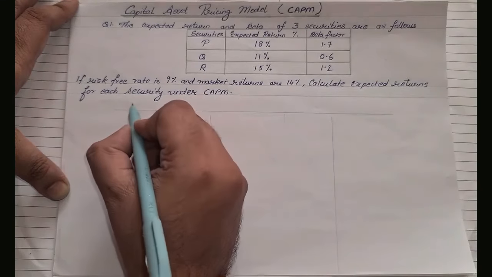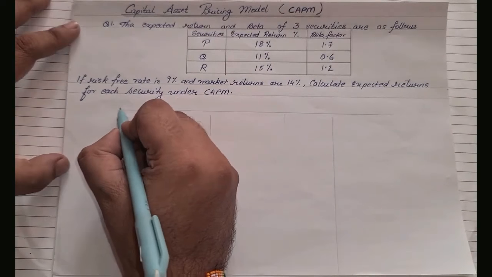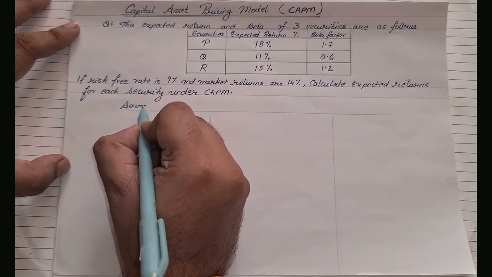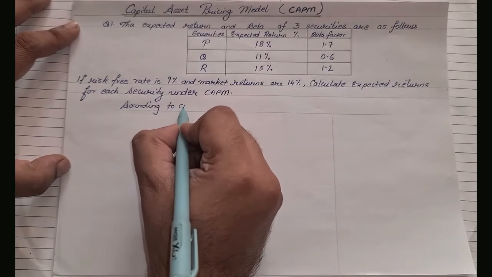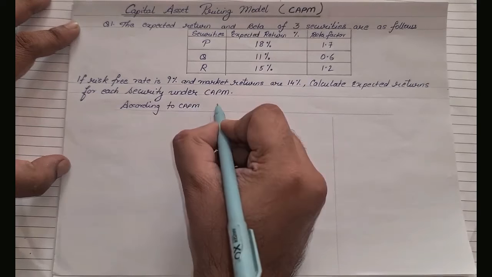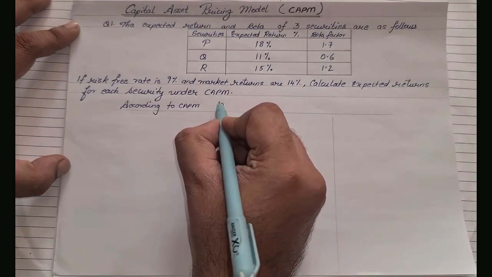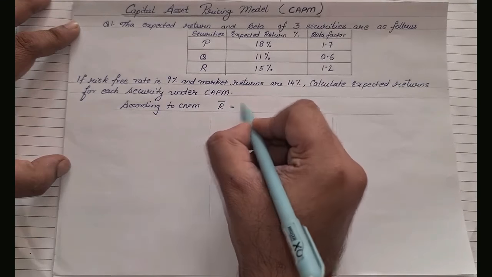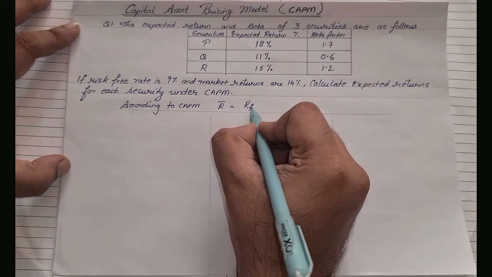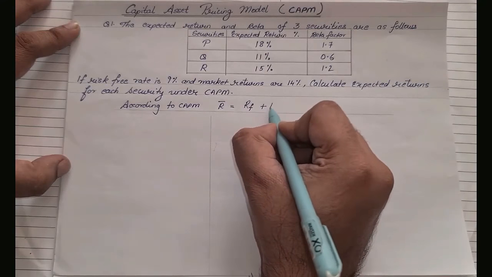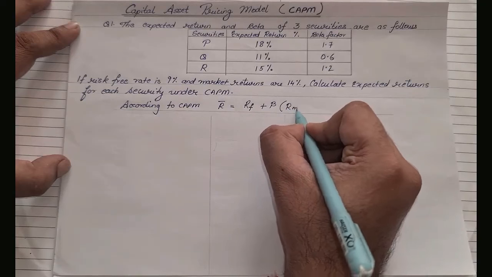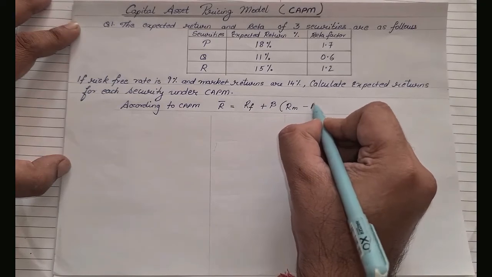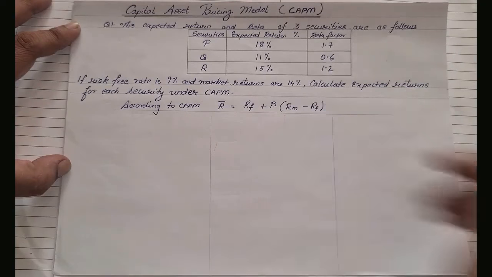Okay, so according to the CAPM method, the expected return is equal to the risk-free return plus beta into market return minus risk-free return.